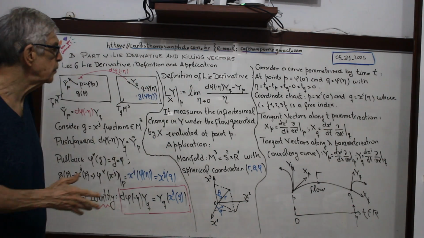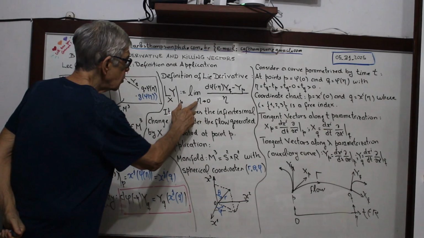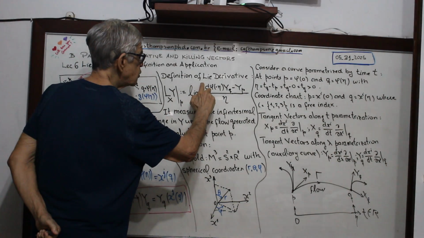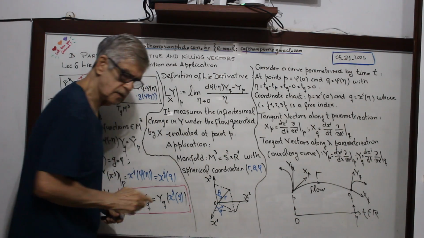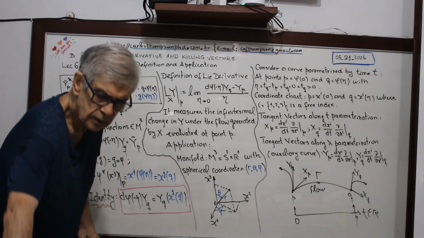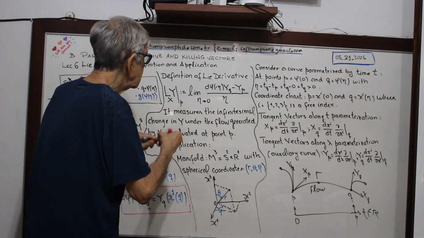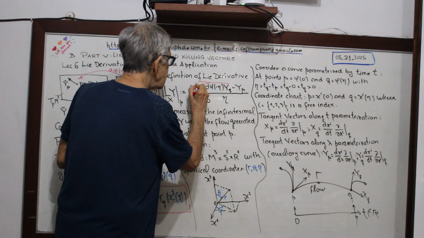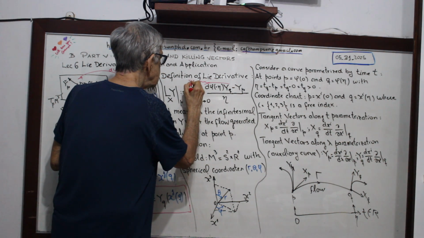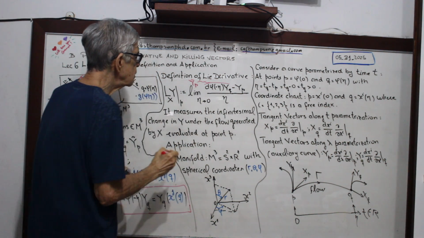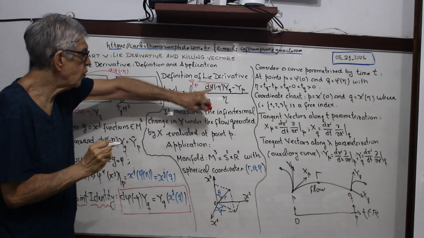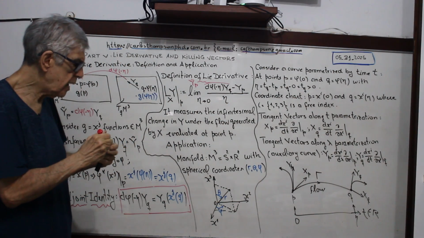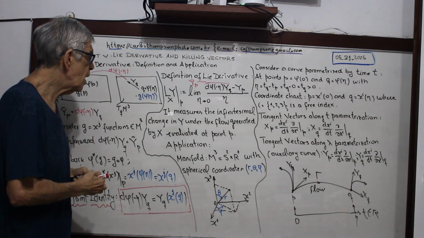This is a definition: the limit as eta goes to 0 of the push forward, which is the same as Y tilde at P, minus Y_P, divided by eta. Don't forget that.